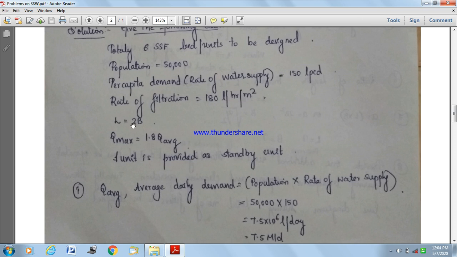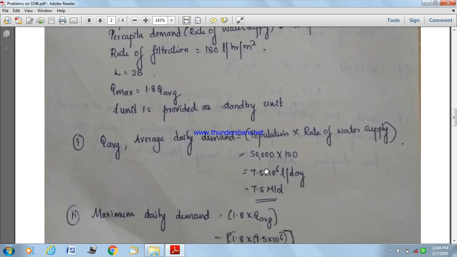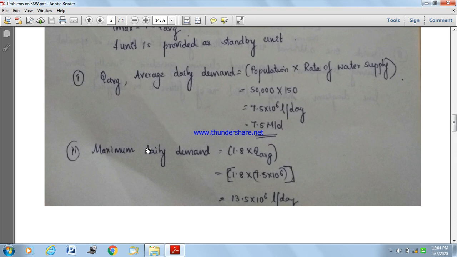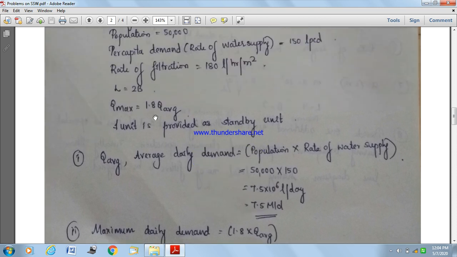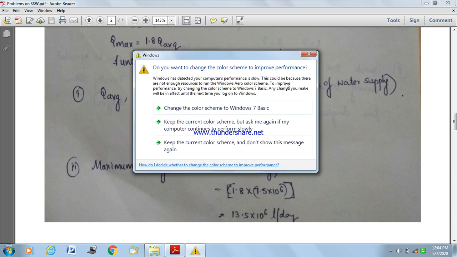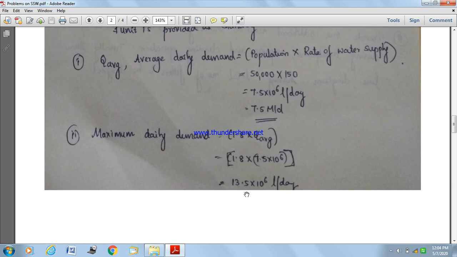The rate of water supply is 150 LPCD and the population is 50,000. Solving that, you will get 7.5 MLD. Then find the maximum daily demand. It is already given that Q max is equal to 1.8 times Q average. Directly substitute Q average and you'll get the maximum daily demand.